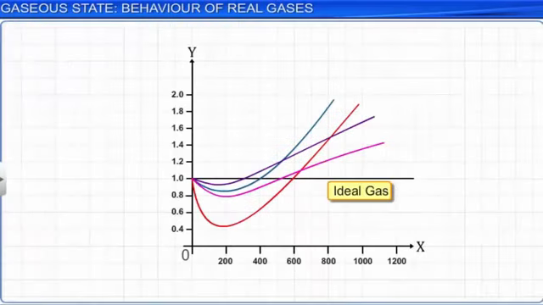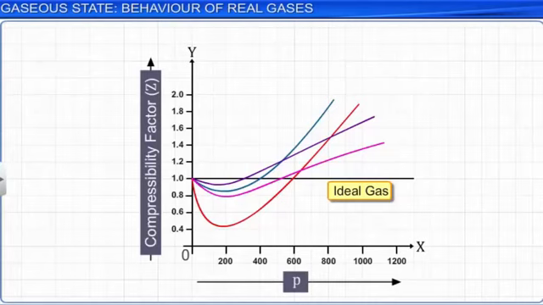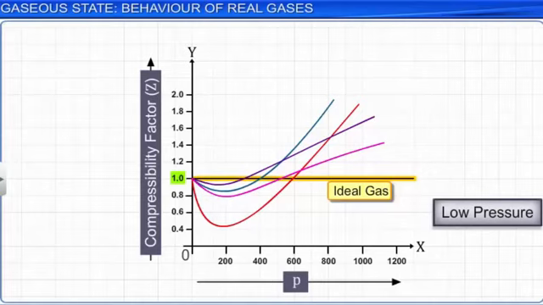On plotting a graph of compressibility factor against pressure, we get a straight line parallel to x-axis at very low pressure. We find that at very low pressure, all gases have compressibility factor approximately equal to 1 and behave like an ideal gas.